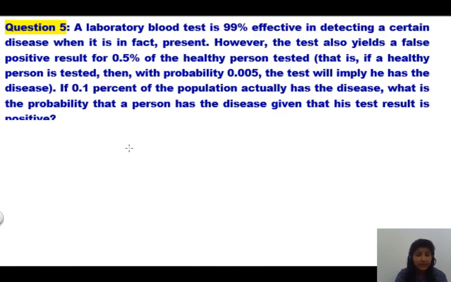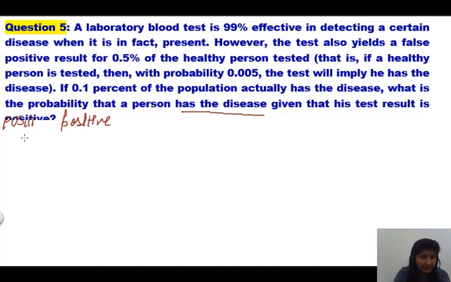What they are asking us is the probability that a person has the disease given the test is positive. So you see there is a condition given here. The condition is that the test is positive and the person has the disease.